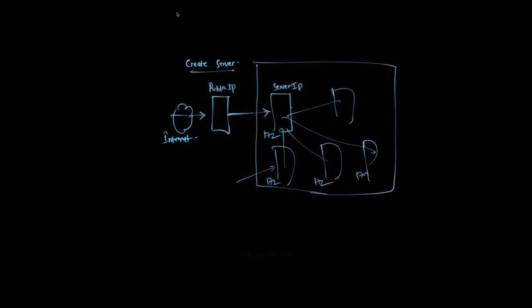All right, the next one is: how do you connect to the services? You are going to install some services inside your servers. How are you going to deal with those services, and how do you connect to them inside the server? Now you create a server.